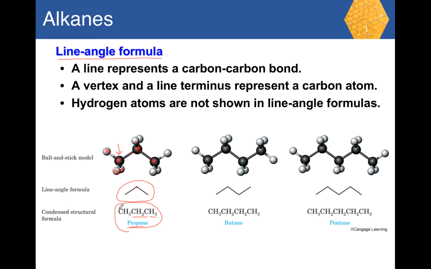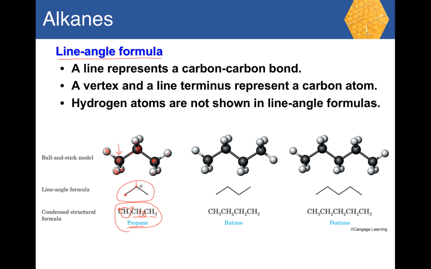So let's look at this one, for example. Here is a carbon, and it's right here. Notice there are no hydrogens shown, but we know that there are 3 hydrogens bonded to this carbon. But we do not write the hydrogens in whenever we write the line angle formula. Here is a carbon, and here is that carbon. No hydrogen shown, but we know that there are 2 hydrogens. Why? Because there are 4 bonds to a carbon.